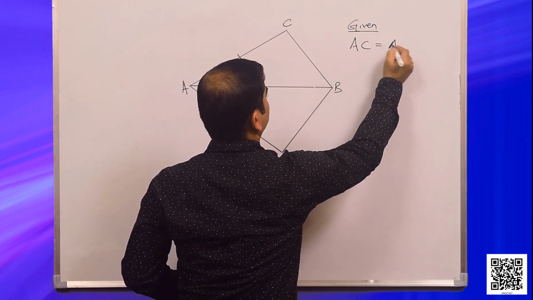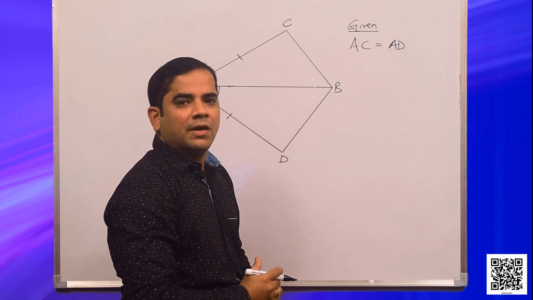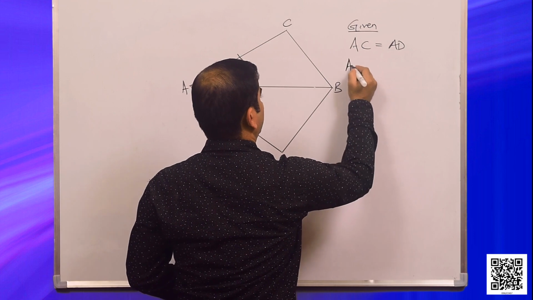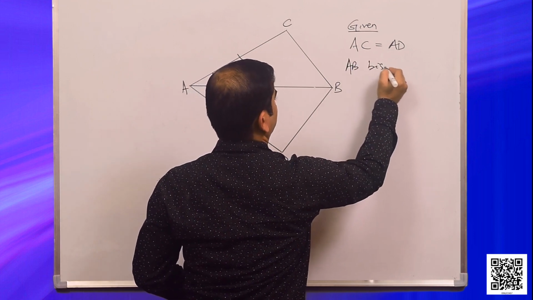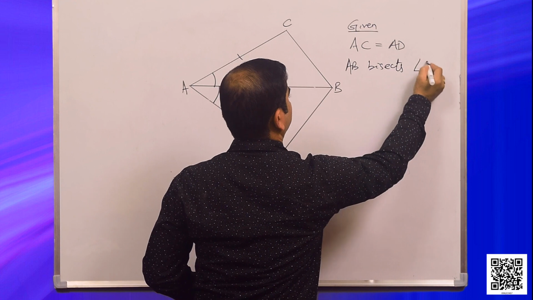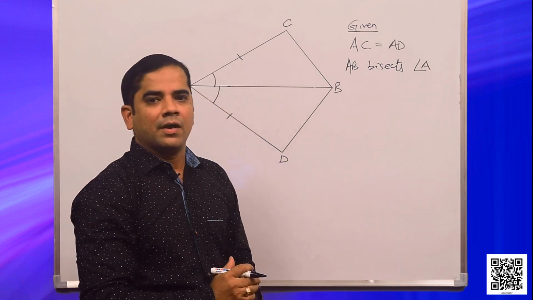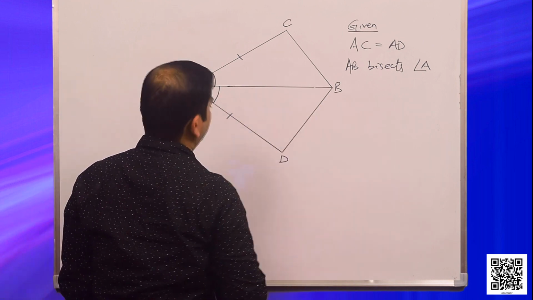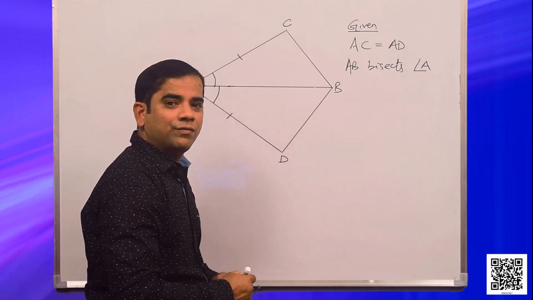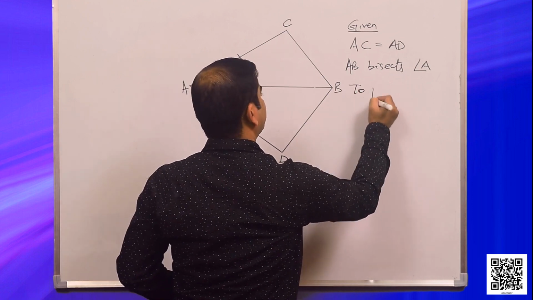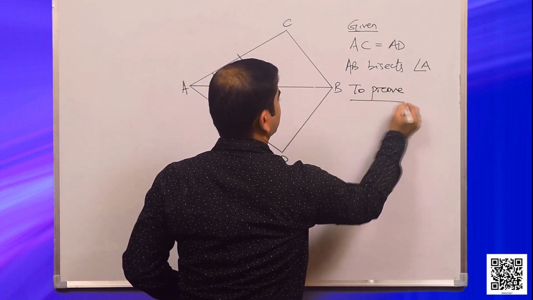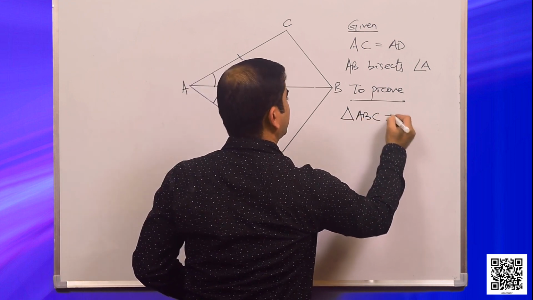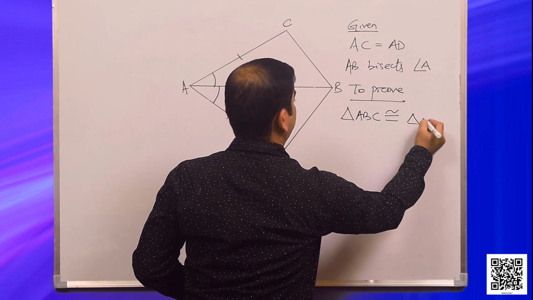AC is equal to AD, and AB bisects angle A. What do we need to prove? Triangle ABC is congruent to triangle ABD.